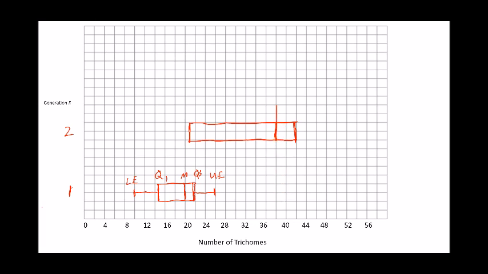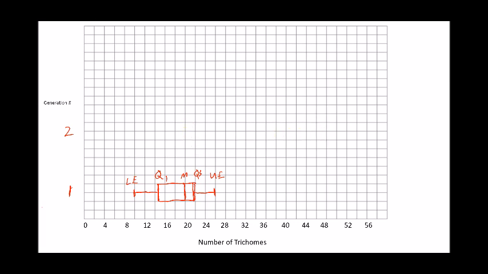So we're really skewed left here. I'm going to draw in my upper extreme at 46. Here's my upper extreme. My lower extreme's at 21. I did something wrong here, guys.